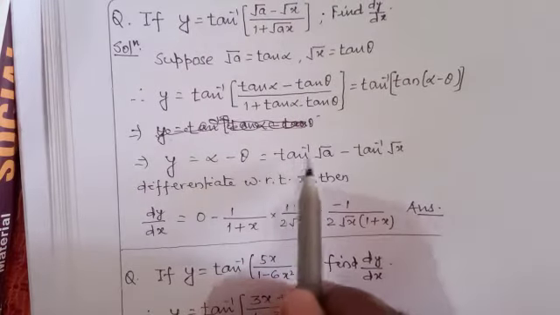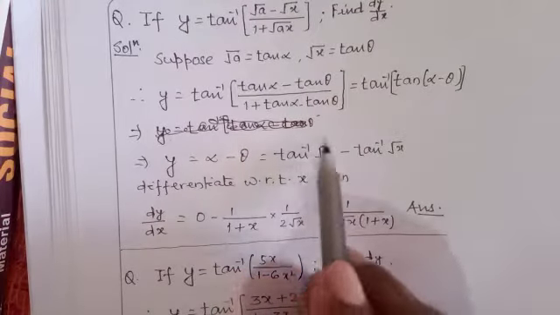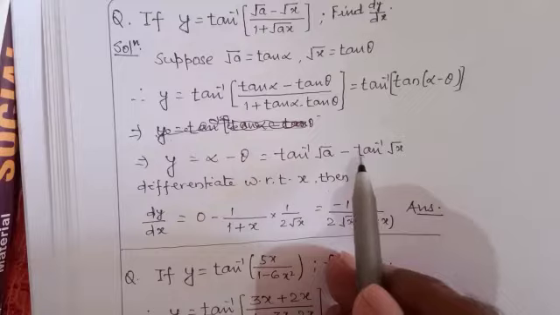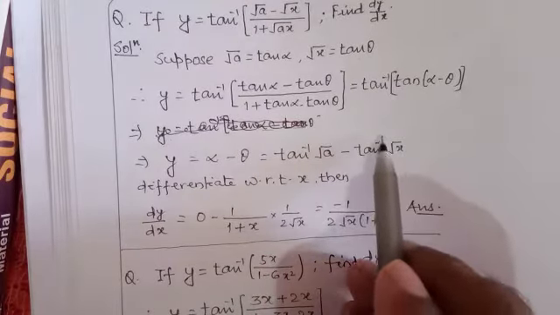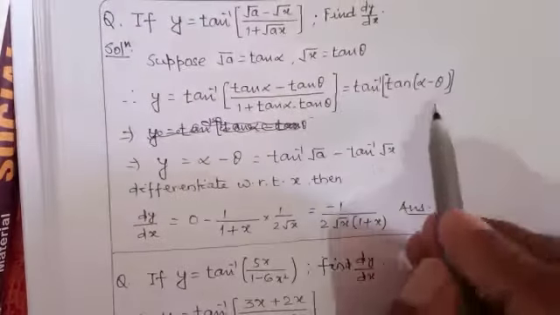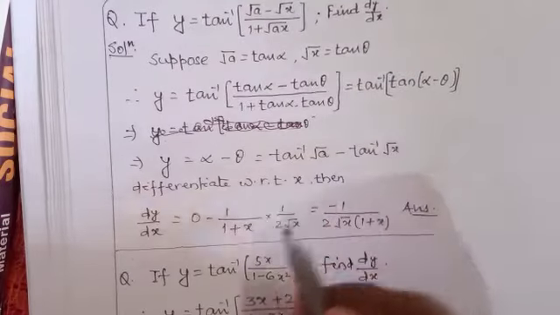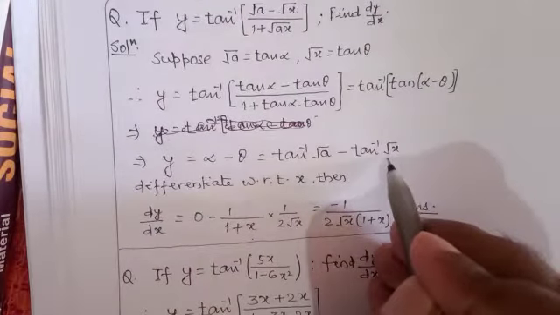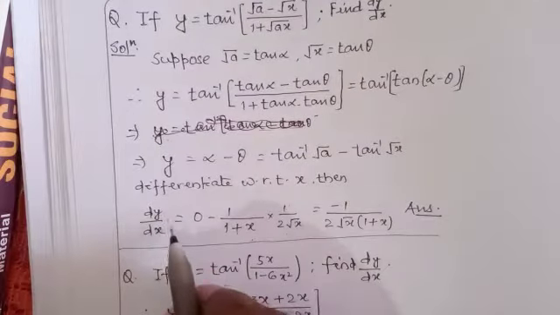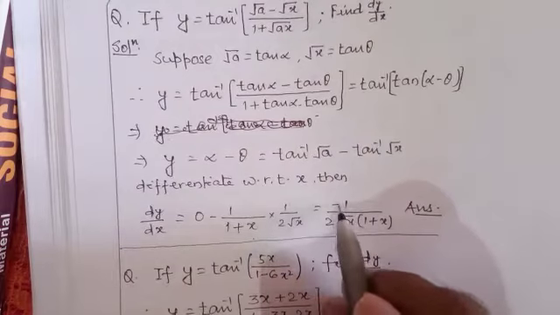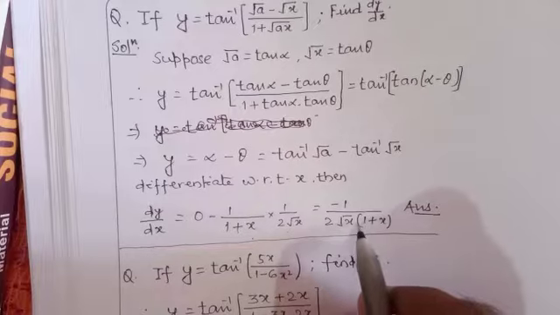Since root a is constant, the differentiation of tan inverse root a will be 0, and differentiation of tan inverse x is 1 by 1 plus x square, so it is 1 by 1 plus root x square, which is x. Again differentiation of root x is 1 by 2 root x. So finally dy by dx is equal to minus 1 upon 2 root x into 1 plus x.